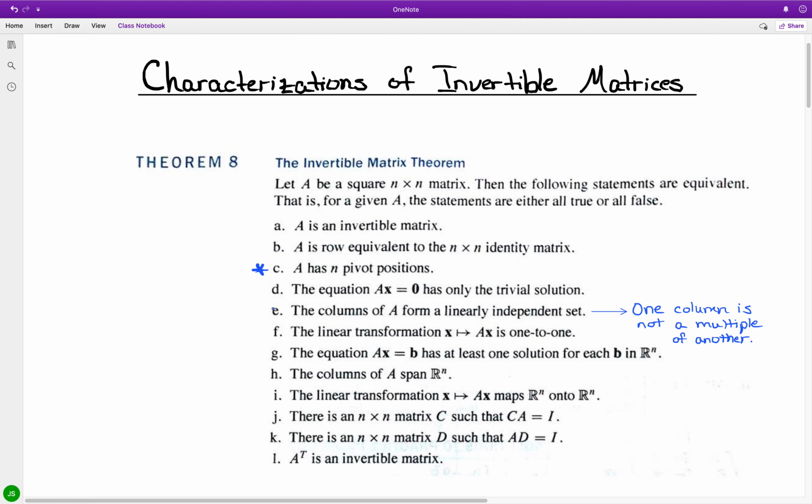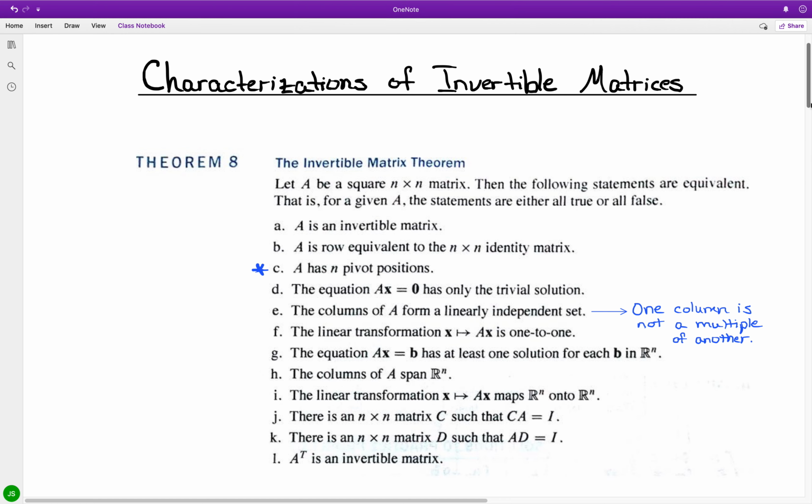Also, tied in, another statement that stands out: the columns of the square matrix A form a linearly independent set. This is another way of saying that for the given square matrix A, one column is not going to be a scalar multiple of another.